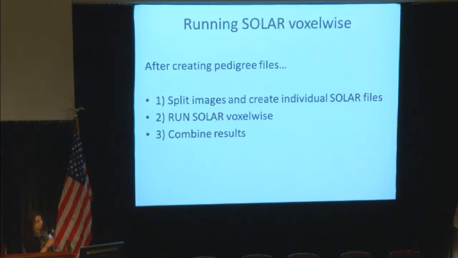So after we create this pedigree file, how do we do the analysis on images? There's tons of data and lots of points to analyze voxelwise, and a lot of data that gets created. Bennett will talk about better methods to work on this, but as a first pass, what we're going to do is just basically split the images and create individual SOLAR files, and then you run SOLAR voxelwise and combine the results.